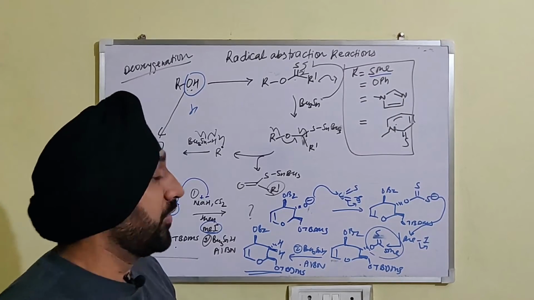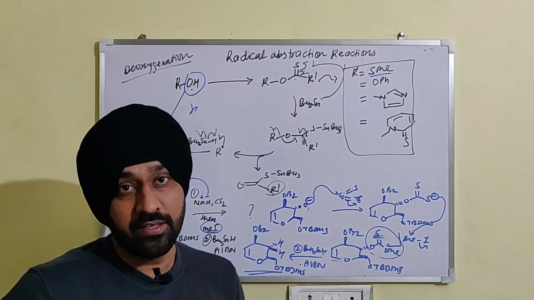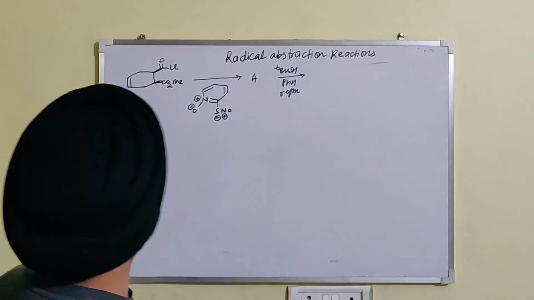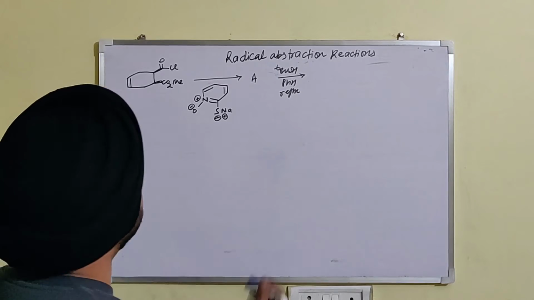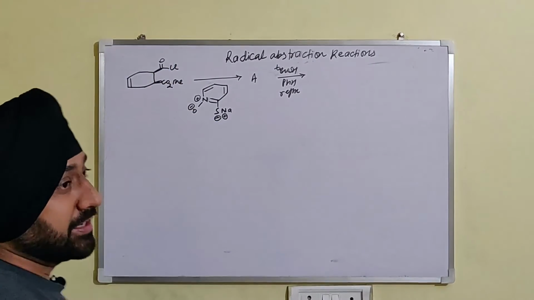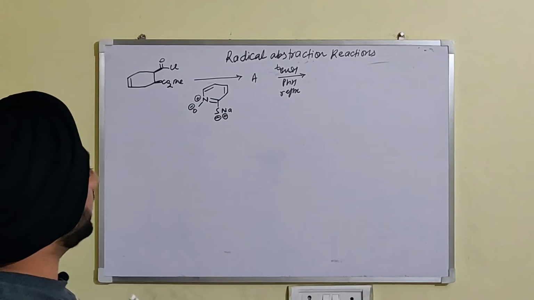Now let us look at one more example, in which we proceed via thiohydroxamic acid treatment. So let's look at this particular example. This acid chloride is treated with this particular compound, which looks pretty fancy. So what happens?